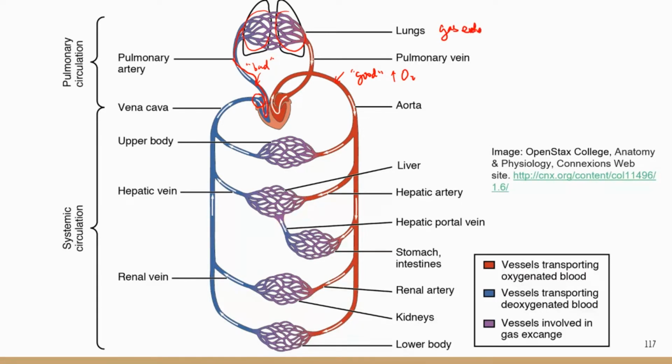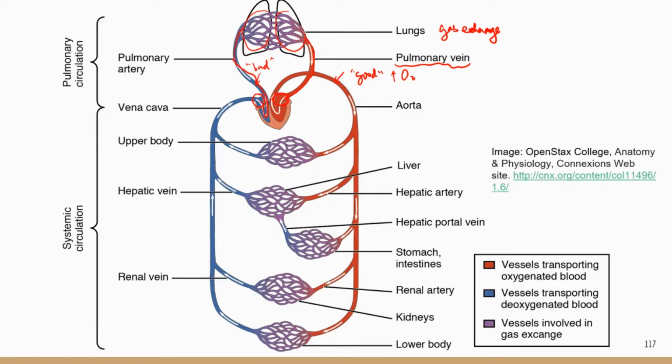And after the lungs, the blood becomes oxygenated, which you can see the color is switched to red, right? So the oxygenated blood now goes back to the heart through the pulmonary veins, right? So there are 4 pulmonary veins. And the pulmonary veins will deliver blood back to the left atrium, right?